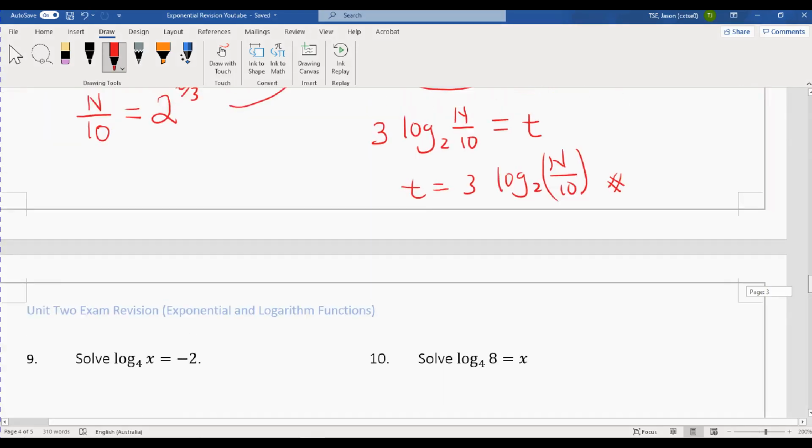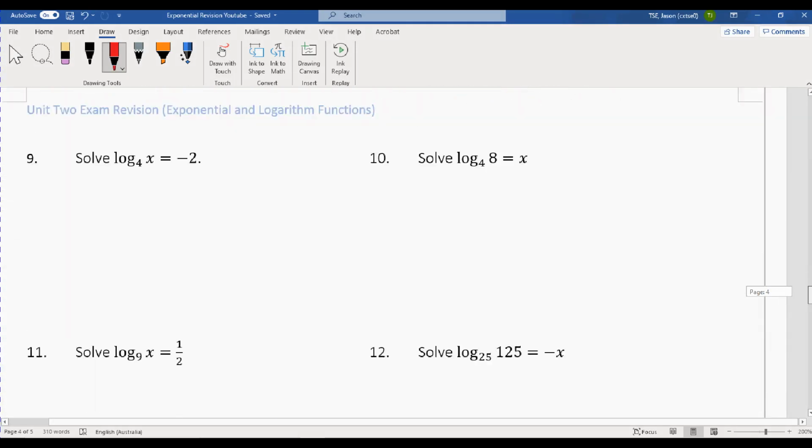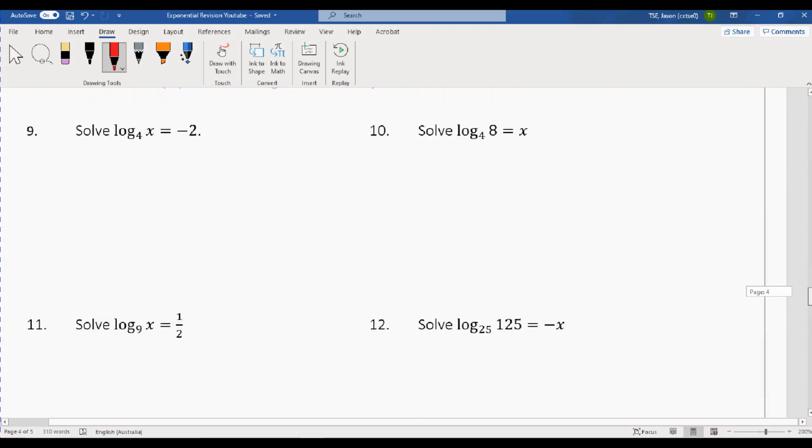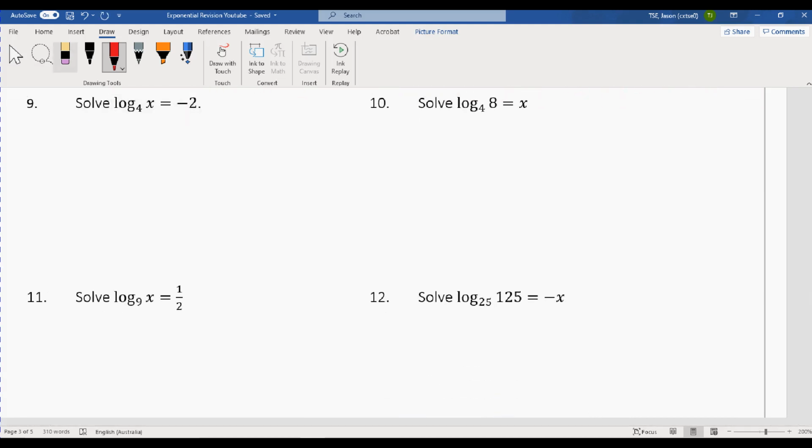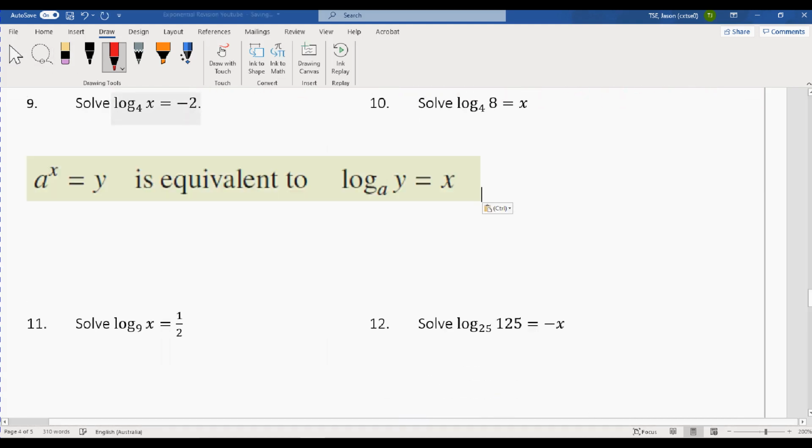Okay, let's continue. From question 9 to question 12 is the equation solving for logarithm equations. To solve those equations, again, we need to go back to these very basic definitions.